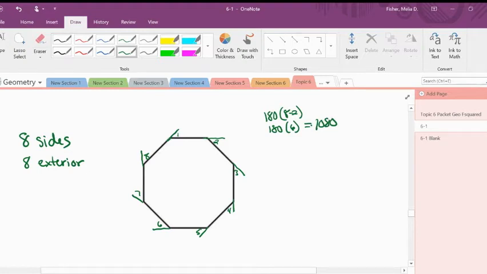So the total inside is 1080, right? So I have the 1080. We need to actually divide that by 6.